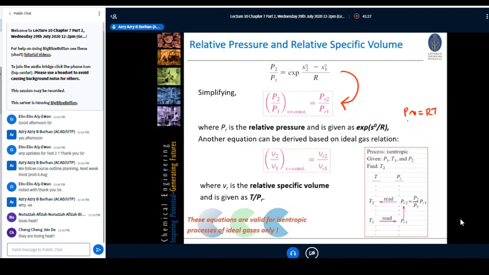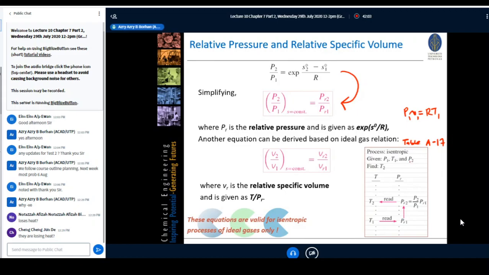You take into consideration both sides, so you have P1 v1 equals R times T1, equivalent to P2 v2 equals R times T2. When you simplify that equation, you will end up with the specific volume ratio equivalent to vr2 over vr1. So where do we get all these Pr and also vr? Again, from your table A17.